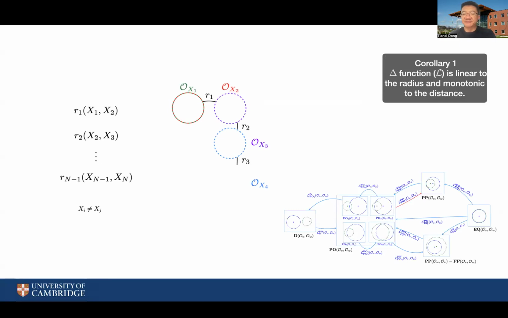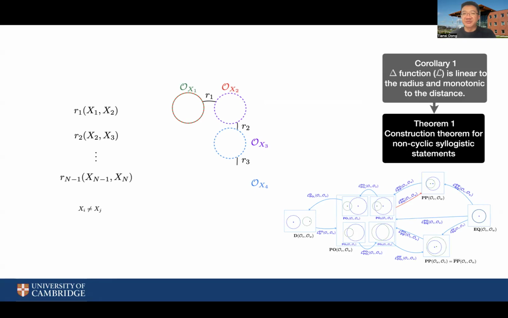With this transition map, we can easily prove the first theorem: for a non-cyclic syllogistic statement, our control processor 1 can create a model without any problem. We just follow the procedure. The newly created relation will not destroy or affect the already established relations.